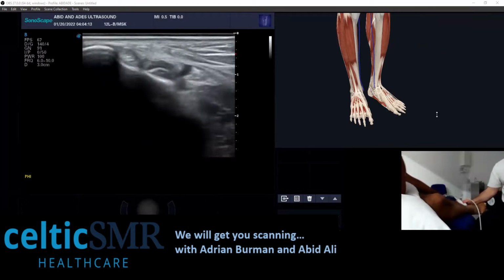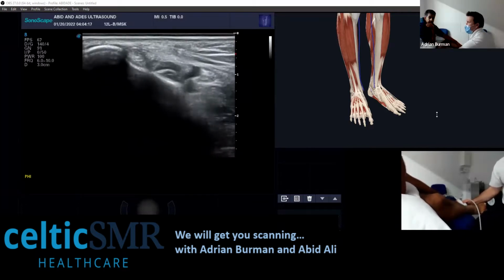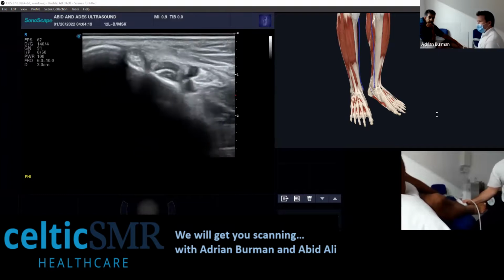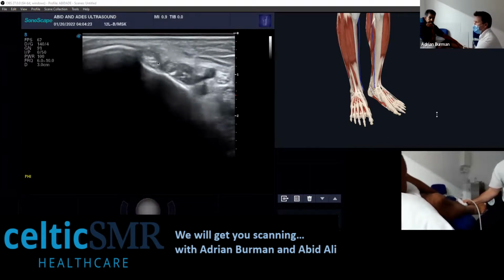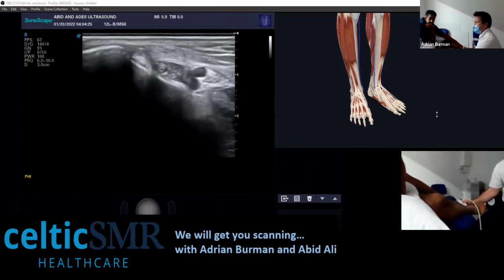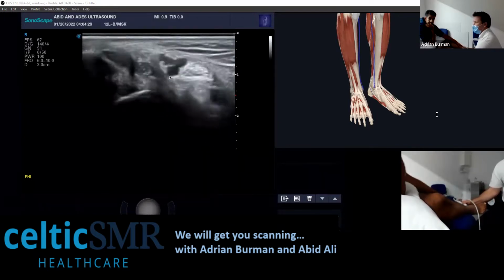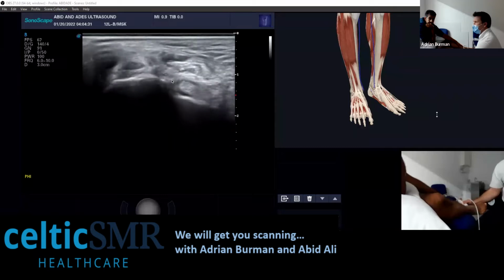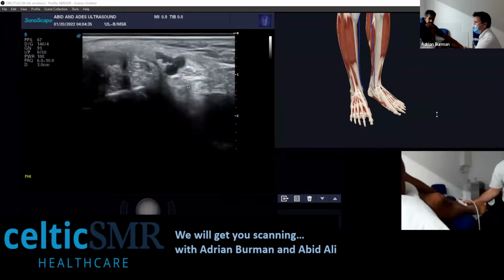Thank you. Okay, so here's the medial side. There's your tibialis posterior, flexor digitorum longus, and there's your neurovascular bundle.